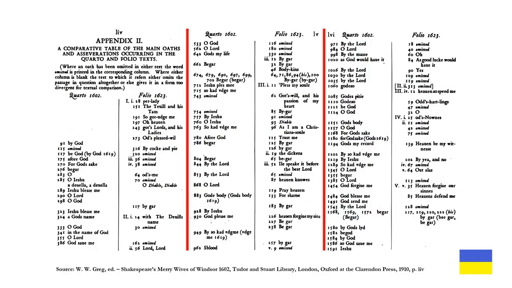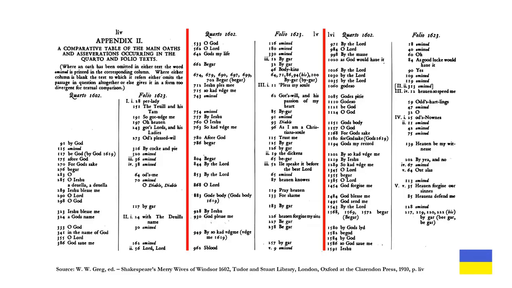This is Appendix 2 from Shakespeare's Merry Wives of Windsor, the 1602 quarto, facsimile edited by W. W. Gregg and published in 1910 by Oxford at the Clarendon Press. The appendix is a comparative table of the main oaths and asseverations occurring in the quarto and folio texts of the Merry Wives of Windsor. He explains it.